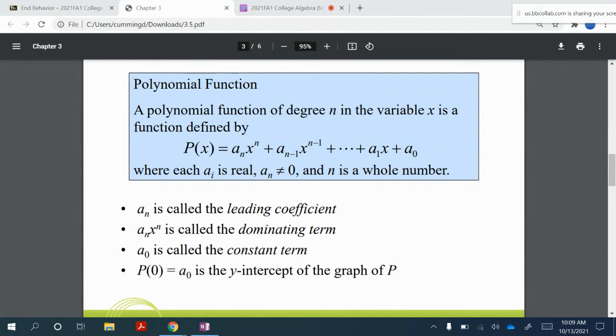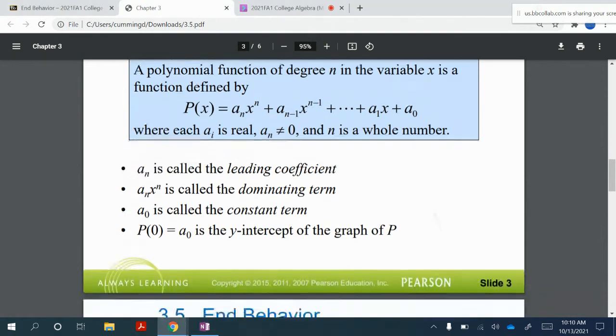When you hear me say leading coefficient and dominating term, I'm talking about the term in the polynomial that has the largest exponent. So that's what we're going to be concentrating on in this end behavior of graphs: that dominating term and the leading coefficient.